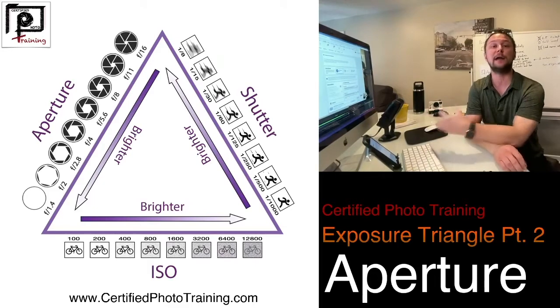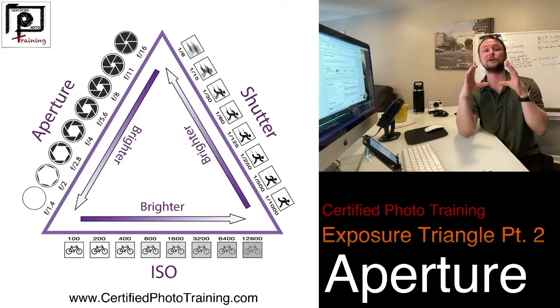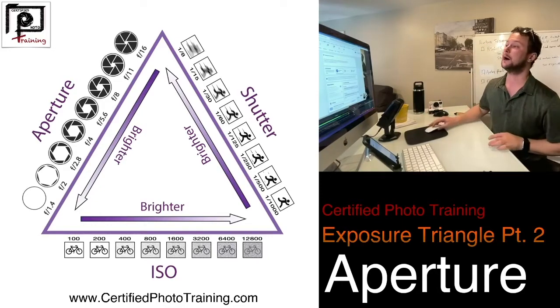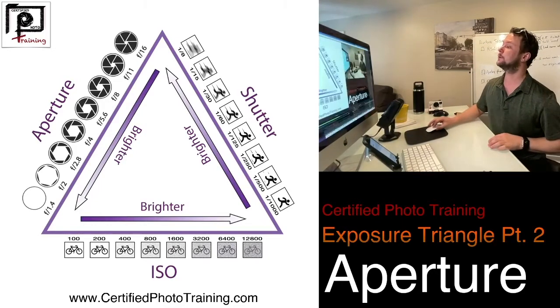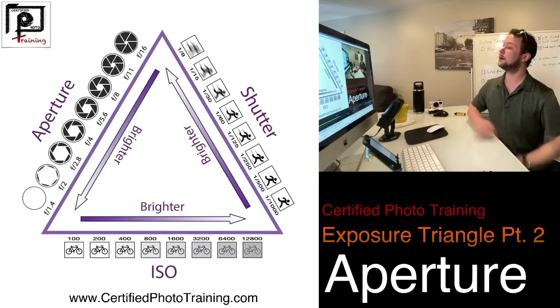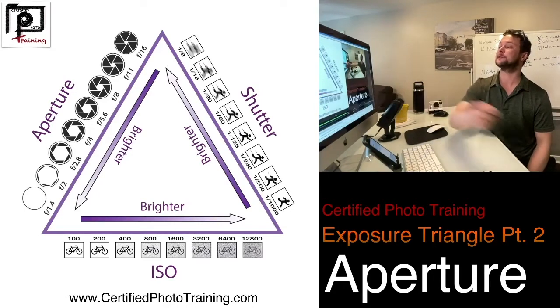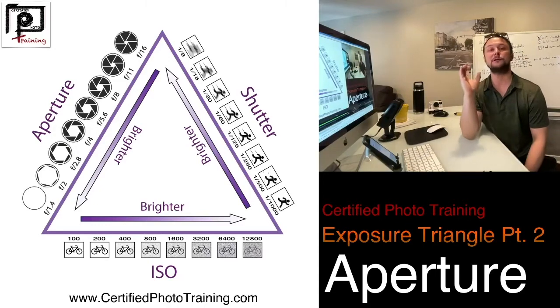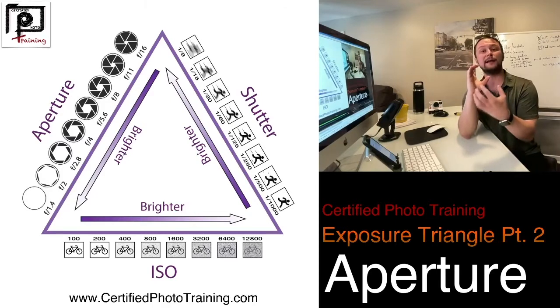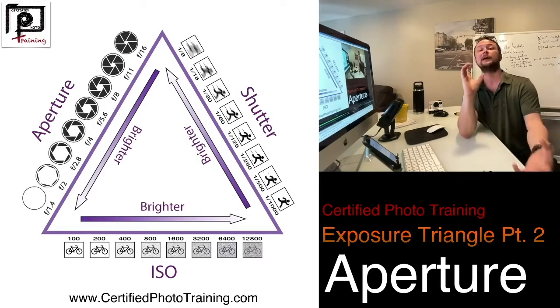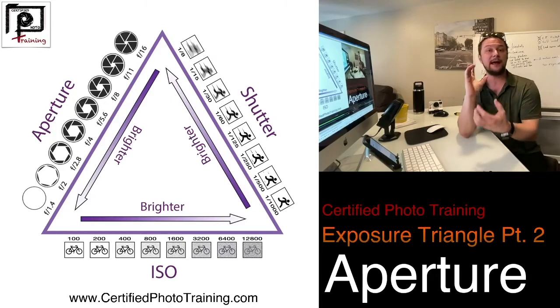So when your aperture is really dilated, when it's really wide open like you see on my screen here, down at the bottom left-hand scale where it says brighter, where it says 1.4, that's your pupil really wide open, so it allows more light into your lens, okay? The wider your lens is, the more light gathering ability it has.